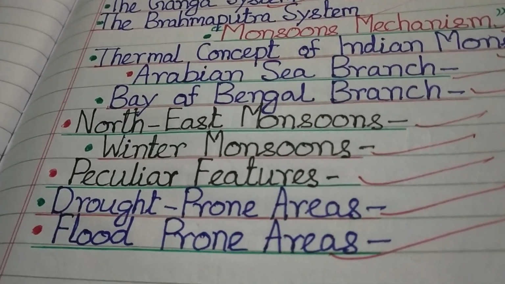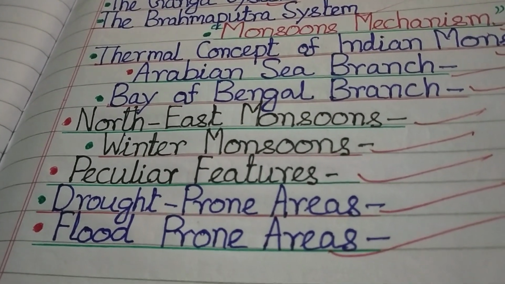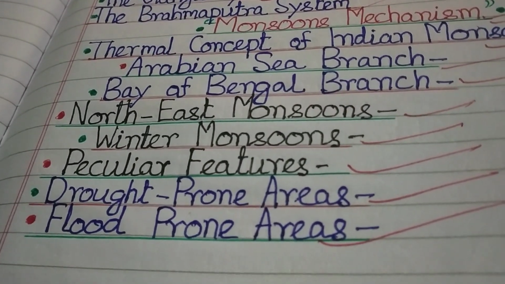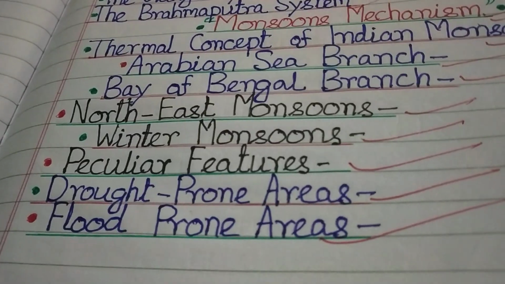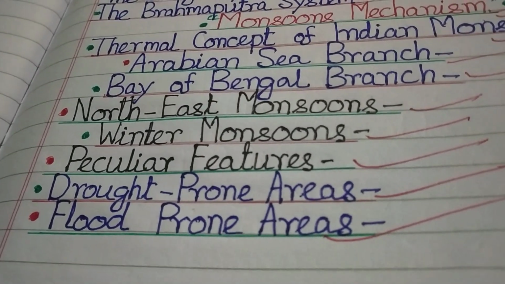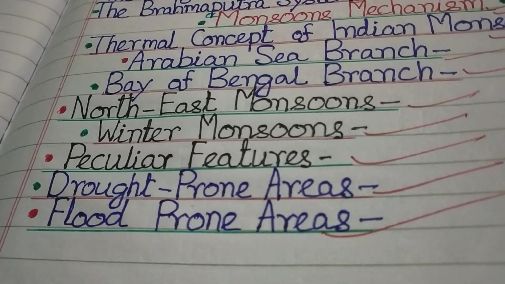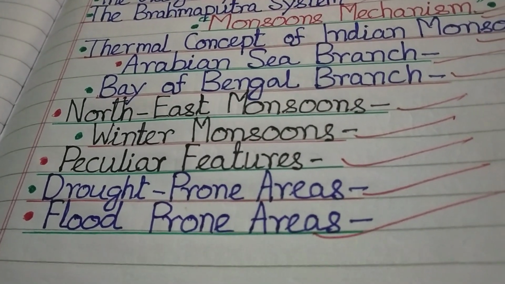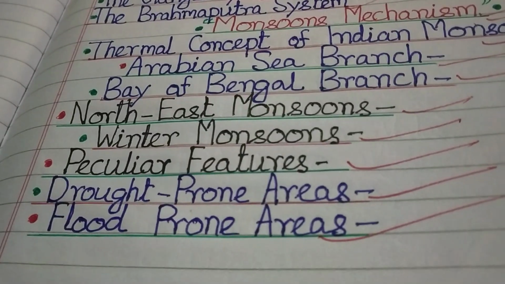The windward slopes of the west coast mountains of Myanmar, such as the Arakan Mountains, get heavy rainfall when the main monsoon currents of this branch strike the Myanmar coast.